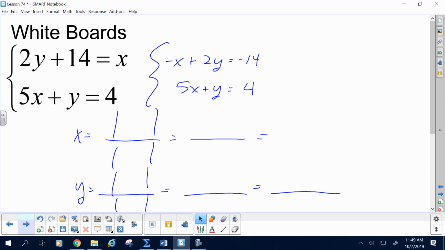The x column is the first column. The y column is the second column. So when you put 14 and 4 in place for y, it's got to be in the second column. That's why you're getting a 7 there. What's 4 minus 70? Right, so 66. Oh, okay. So when you put it in for y, it has to be in the second column.